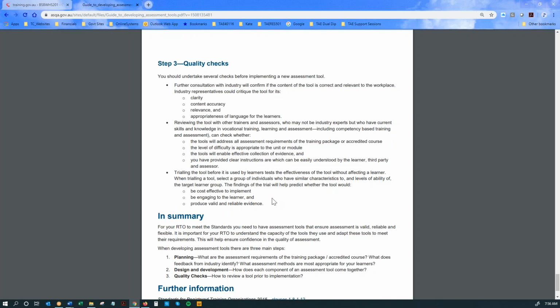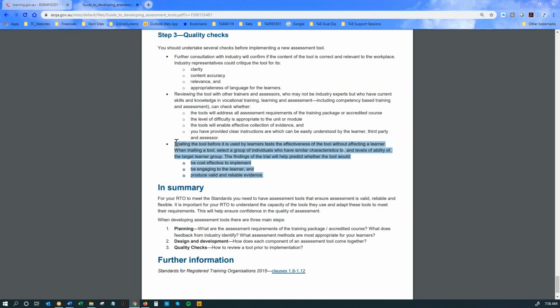And then often, if you have the time, a trial is conducted. So you may use the tool with a set cohort of learners, and you would then get feedback from the learners and the trainer assessors who are administering it, and then you would do an actual validation formally after you've trialled the tool, so that you could then improve upon it.